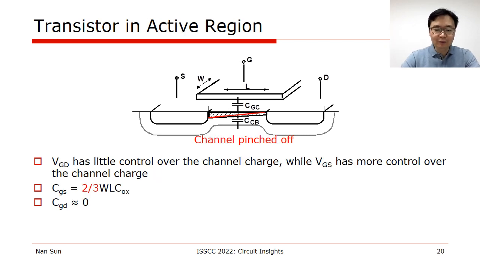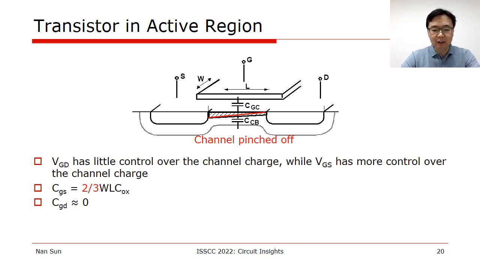When the transistor works in the active region, the channel is pinched off. The drain voltage has little control over the channel charge. So now the channel charge is almost completely controlled by the gate to source voltage, VGS. However, because the charge in the channel is no longer uniformly distributed, as shown here, it's more like a triangular shape, the capacitance gets modified.